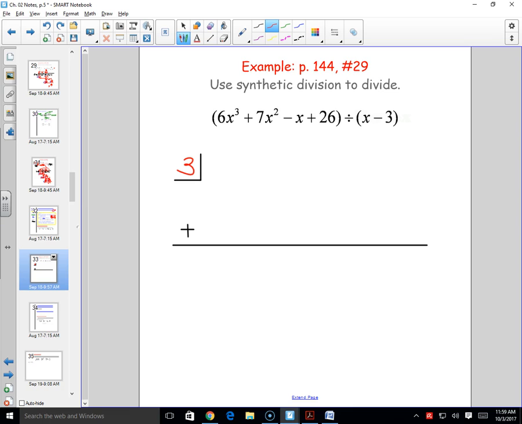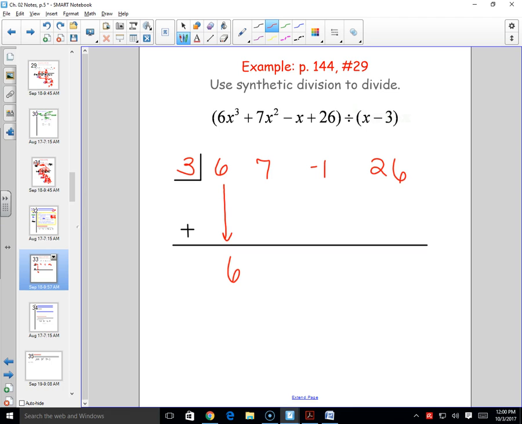Good. It's the 0 of that factor. What coefficients go out to the side? 6, 7, 1, 26. We don't have to do any zeros because we have every single possible term: the cube, the square, the single, and the constant. The steps on the page before: after putting the coefficients, after putting the 0 in the box, we carry the 6 down, right? Now what?